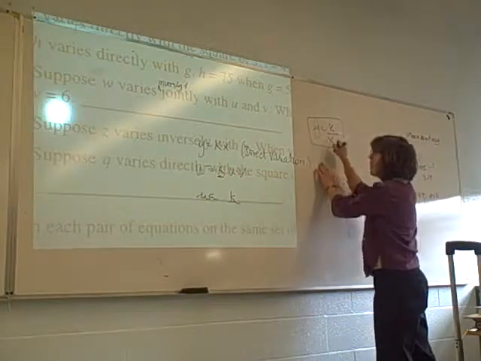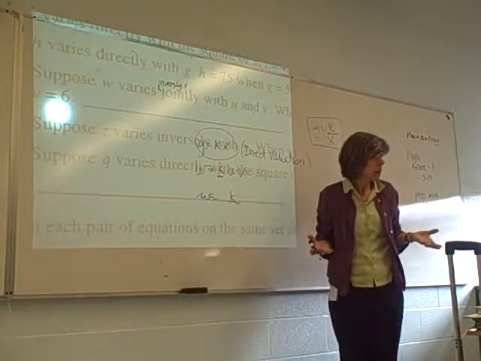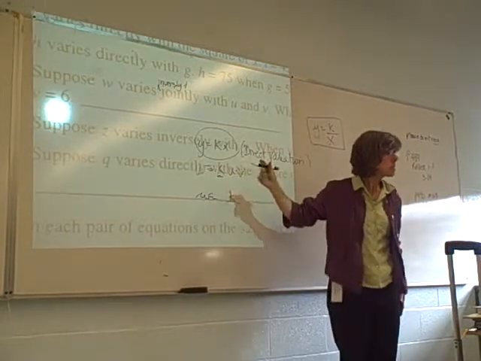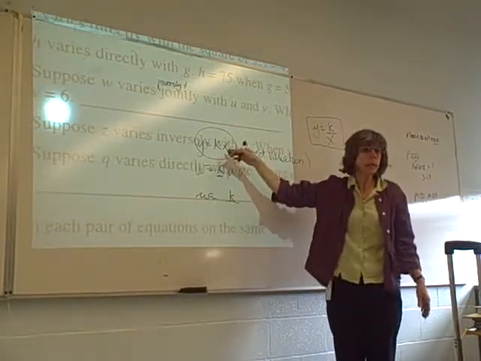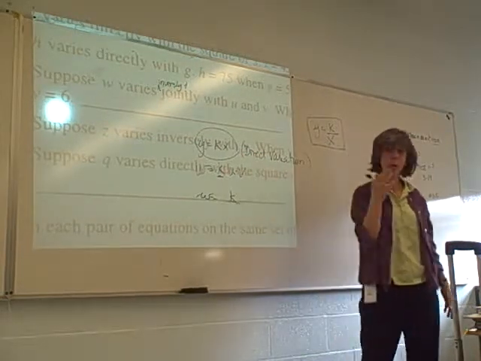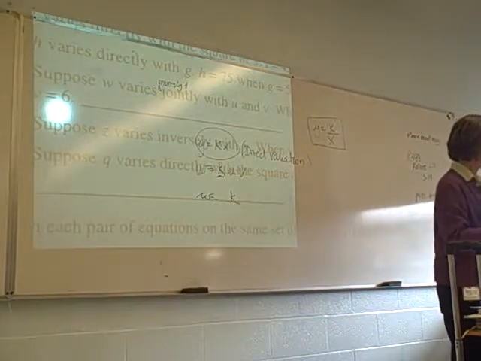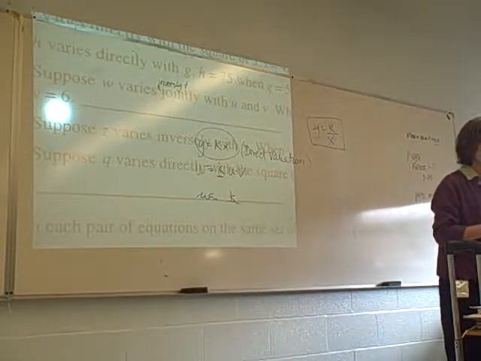This and this are your basic equations. Something varies directly, you have to find the constant. Okay, so that's great that you asked that, Jackie. I hope that clears that up for everybody else.